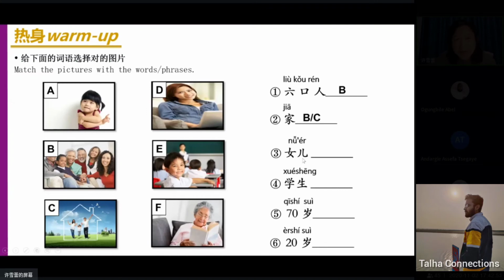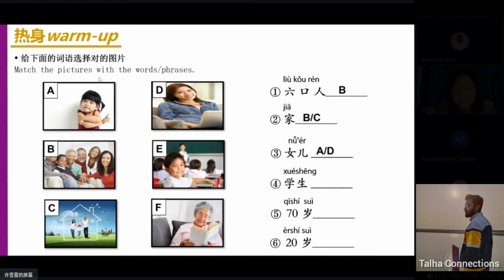Okay, now I want everybody to try your Chinese keyboard to type 女儿. All right, 女儿, picture A, right? That's daughter. And the D. A is the younger one. D is the bigger one, elder one.